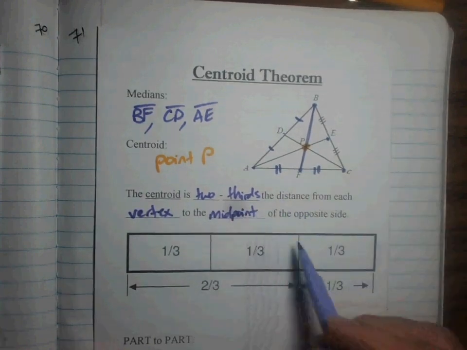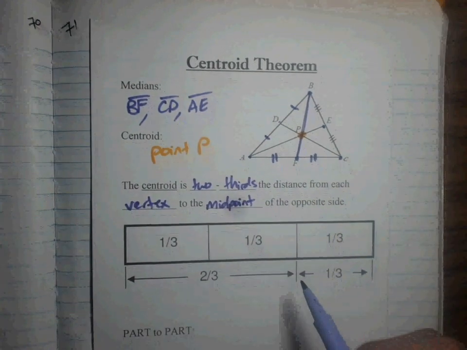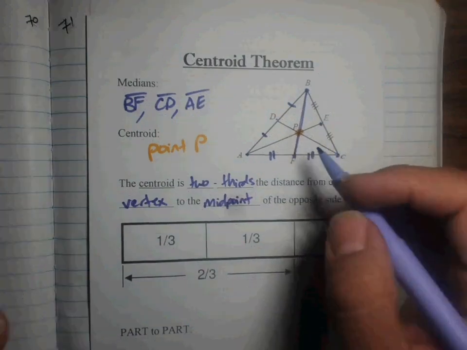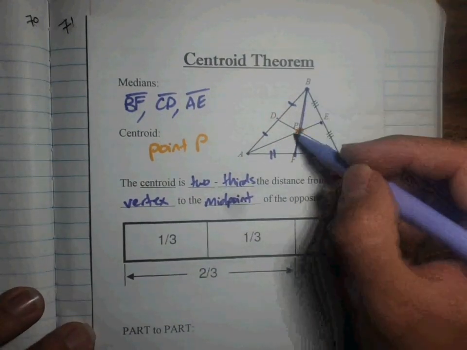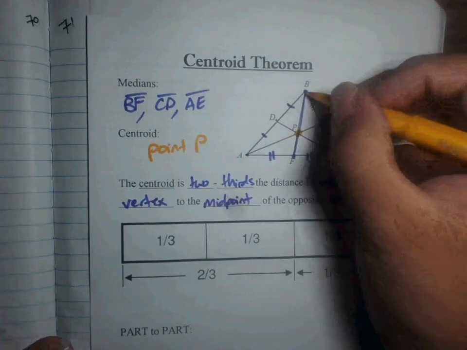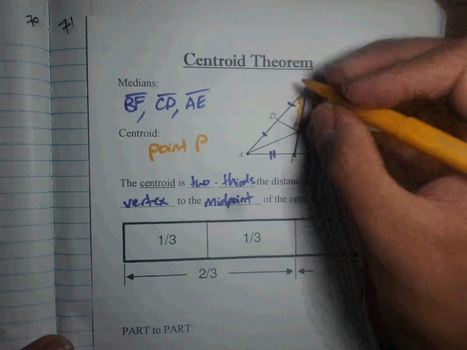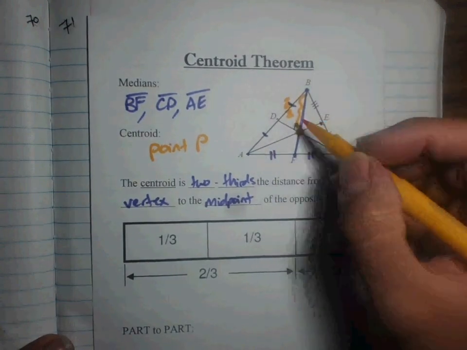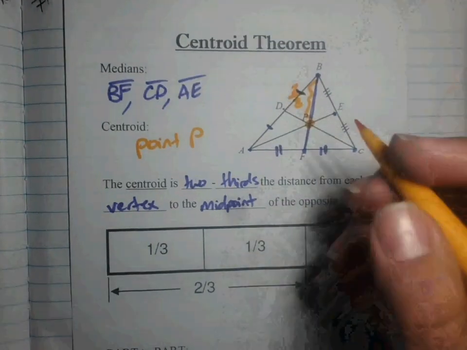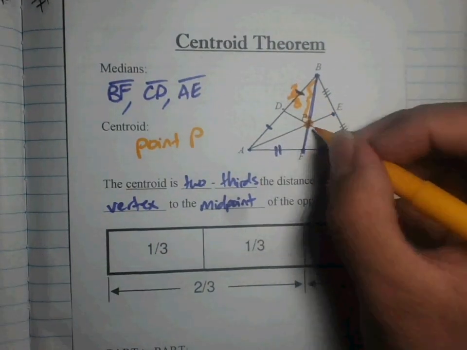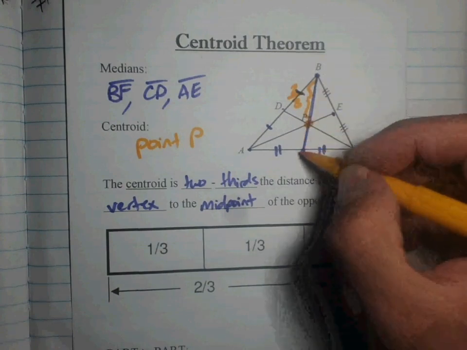What this means is, from B, the distance from B to P is 2/3. It's hard to see that. If this is 2/3, then out of 3/3, what you have left is 1/3.